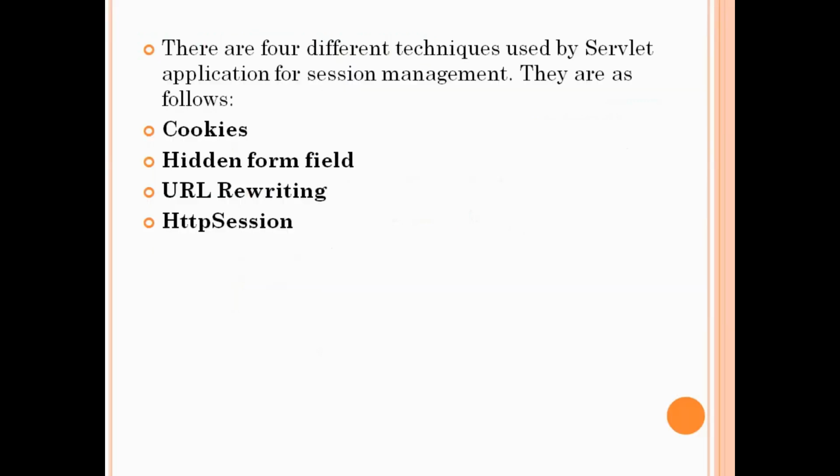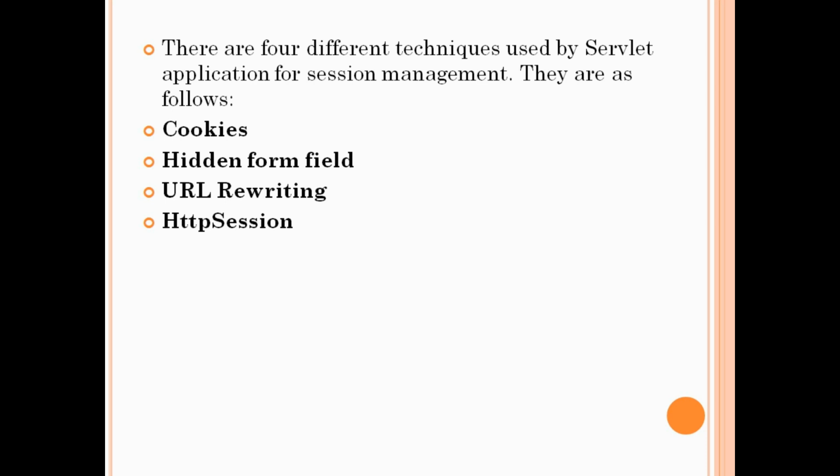So there are 4 different techniques used by a servlet application for session management. They are as follows: cookies, hidden form fields, URL rewriting and HTTP sessions. You already know that a cookie is a small piece of file which contains information, so you can easily track visitor information.